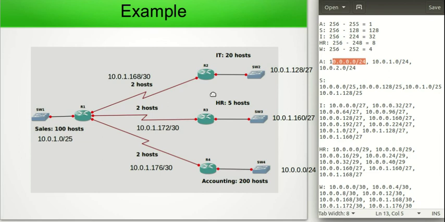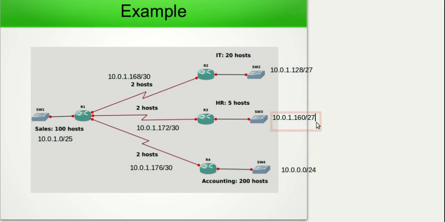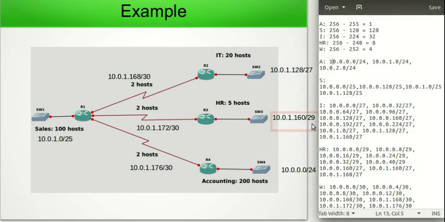This covers the next 32 IP addresses after this. So this is going to be a /29. This covers the next 8 IP addresses after these 32 IP addresses, and these cover the next 4 IP addresses after these 8 IP addresses, the next 4 after these 4, the next 4 after these 4.